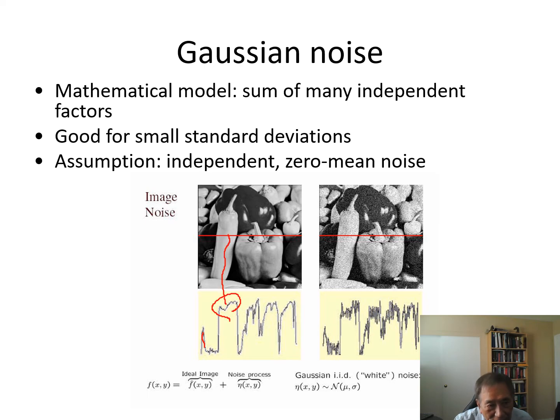Then a little dark here, that is the gap in between. Then this part goes up and down; the complex textures go up and down a bit. And then there's this dark part and this white part.